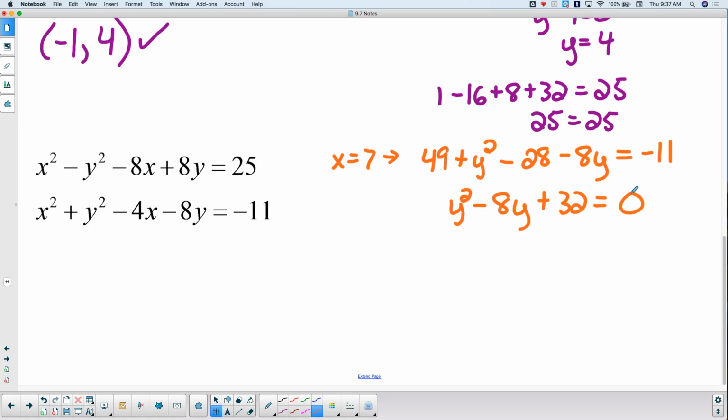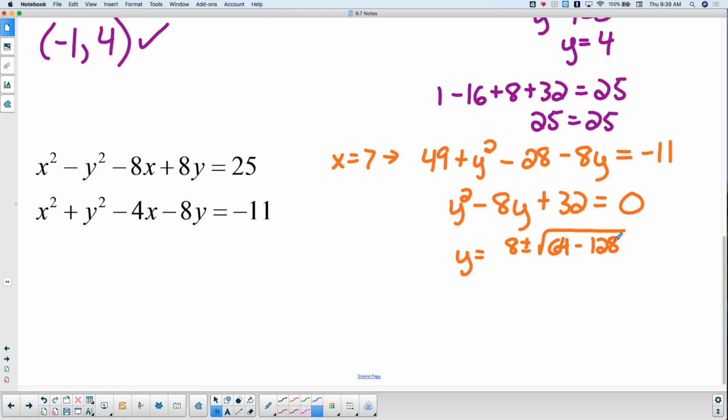So now what? Quadratic formula, right? Okay. So y here is going to equal 8 plus or minus the square root of 64 minus 4 times 1 times 32, which is 128. Do I need to go any further?